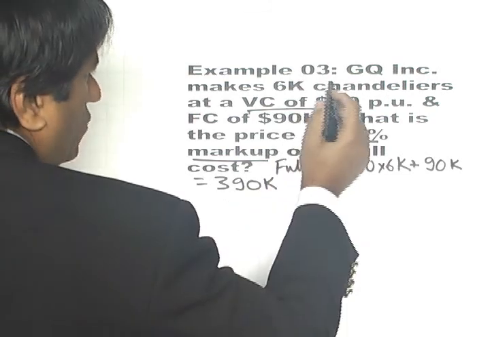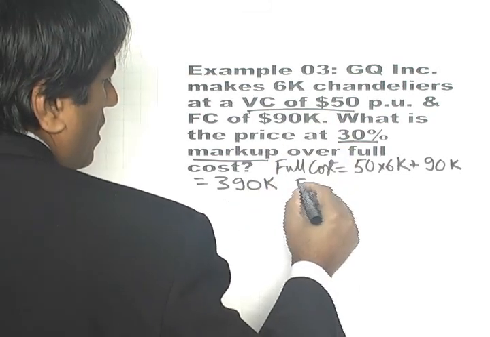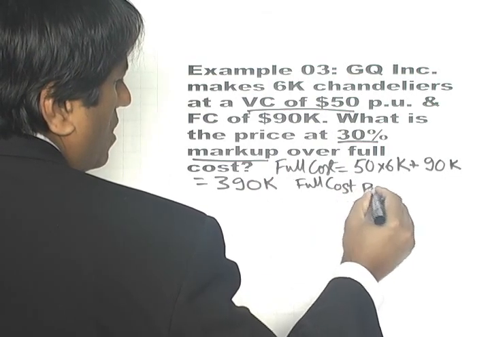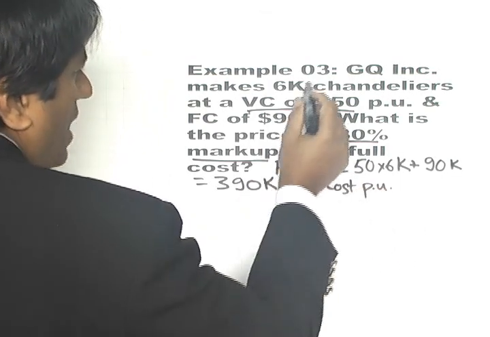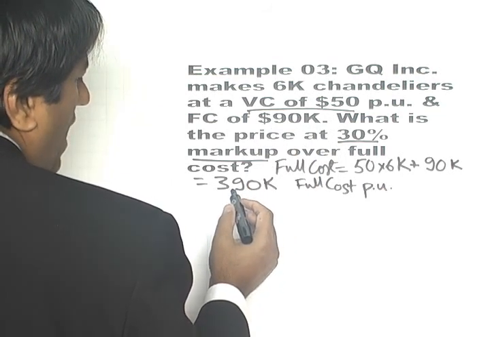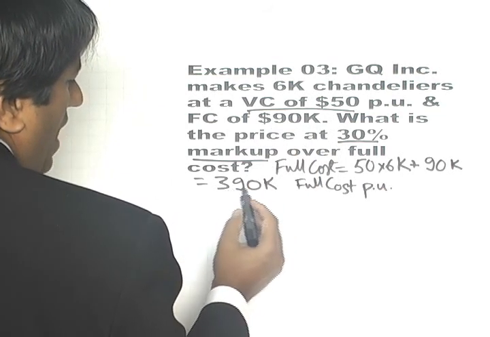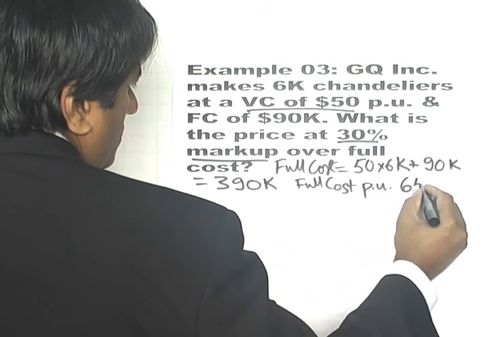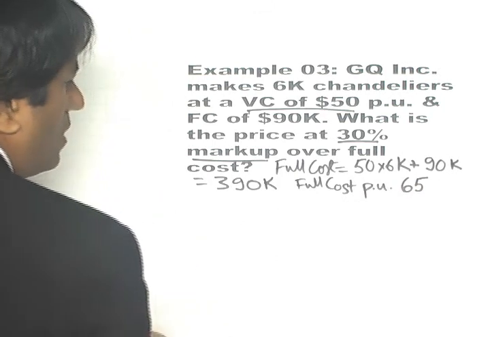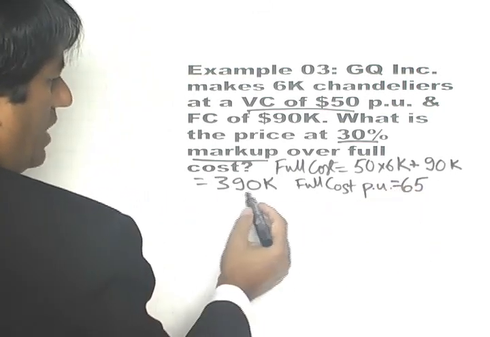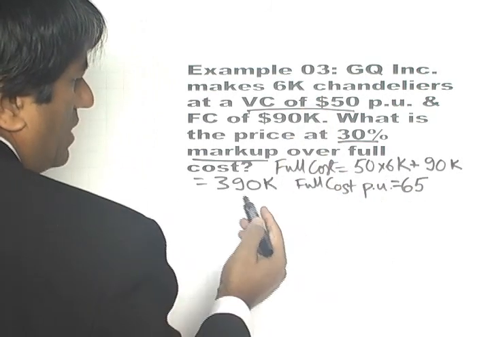And per unit, if you want full cost per unit, you divide this total by 6,000, and you get 65. So 390,000 by 6,000 is 65.